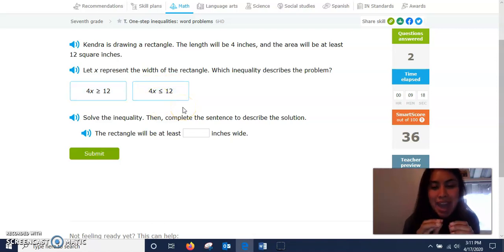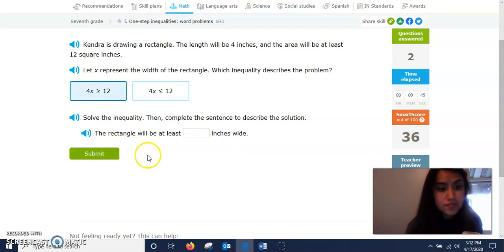Okay, so it has to be 12, and it can also be greater than 12. Because when they say do at least 3 problems, that's the minimum. You can do more than 3 problems. In this case, 12 is the minimum. You can go more than 12 for the area. So this has to be more than 12 or equal to 12. So I'm going to select this.